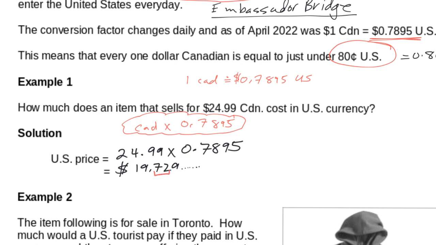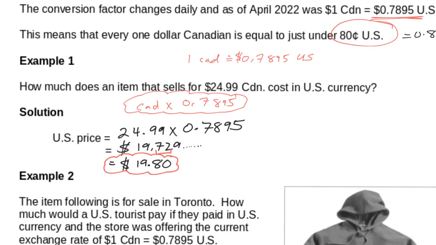So because we have this 9 after the 7.2, we're going to write our final answer to be $19.80 as our final answer. And we're done. Now, let's move on to the next concept.